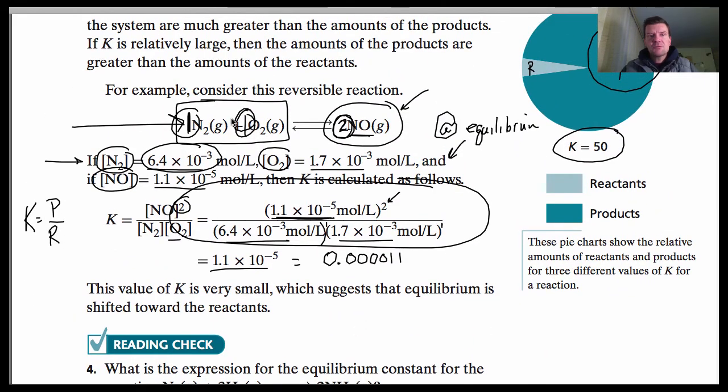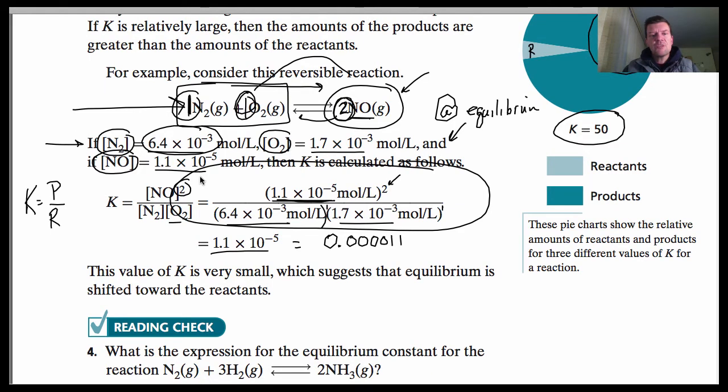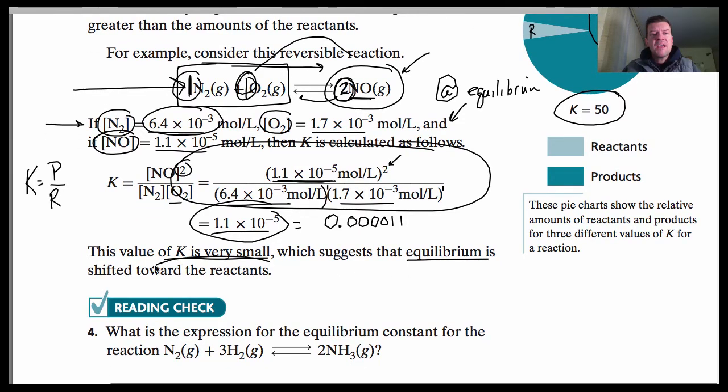And that happens for several reasons. Maybe the forward direction is not very easily happening. Maybe it takes a lot of energy for the forward reaction to occur, but very little energy for the reverse reaction to occur. Okay? Maybe it's really hard to get out of the room, but it's easy to get back in the room. You see? So when you have a tiny number like this, K is very small, it tells us the equilibrium favors the reactants.